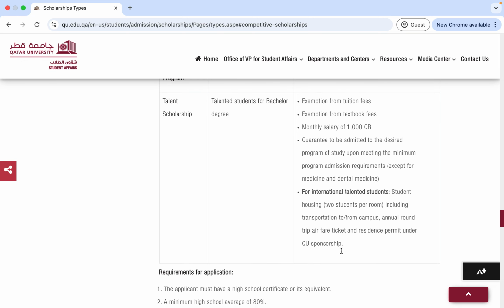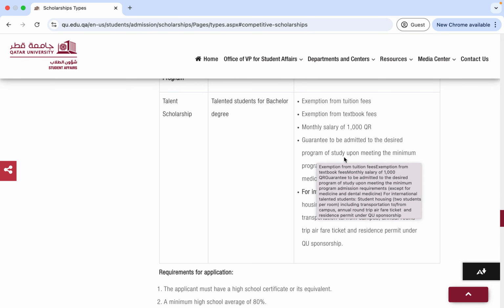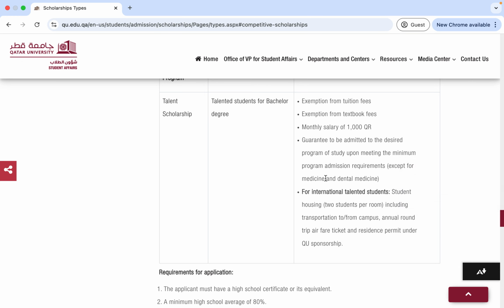So you can see you get 1,000, unlike the other one. You're exempted from tuition, you're exempted from textbooks, and you are guaranteed admission to the desired program of study upon meeting the minimum program admission requirements, except for medicine and dental medicine.